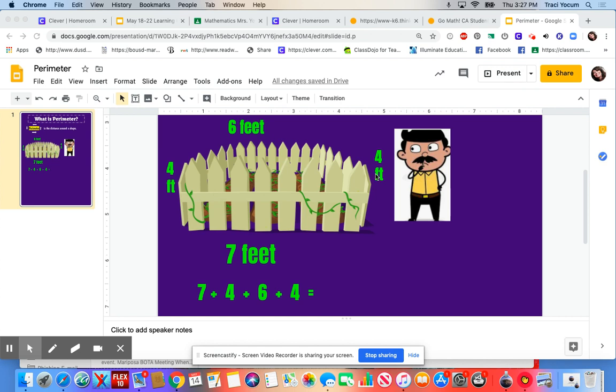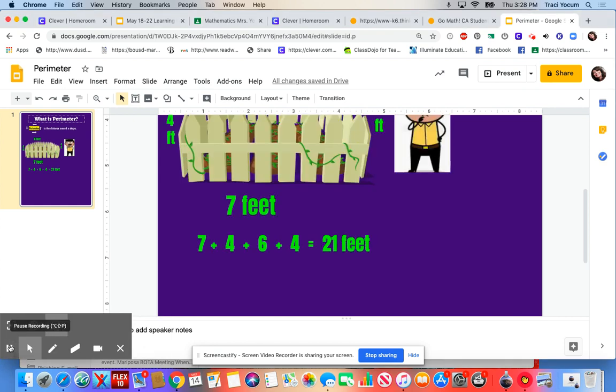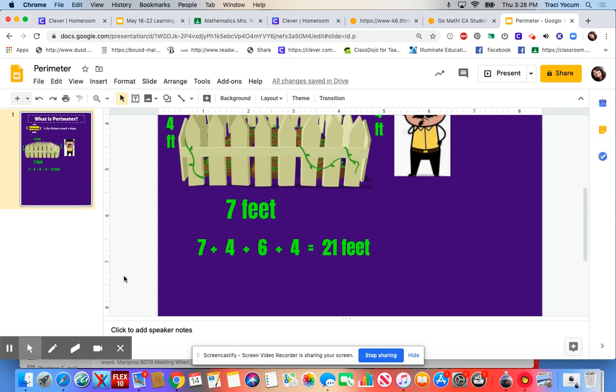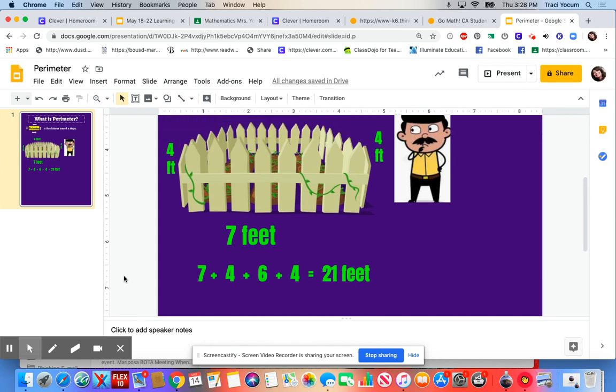So now that I'm looking at it, I see that it's feet. Therefore, now he would be able to tell the clerk or the person at Home Depot or Lowe's, "Oh, I need 21 feet of wire mesh to go around my garden."